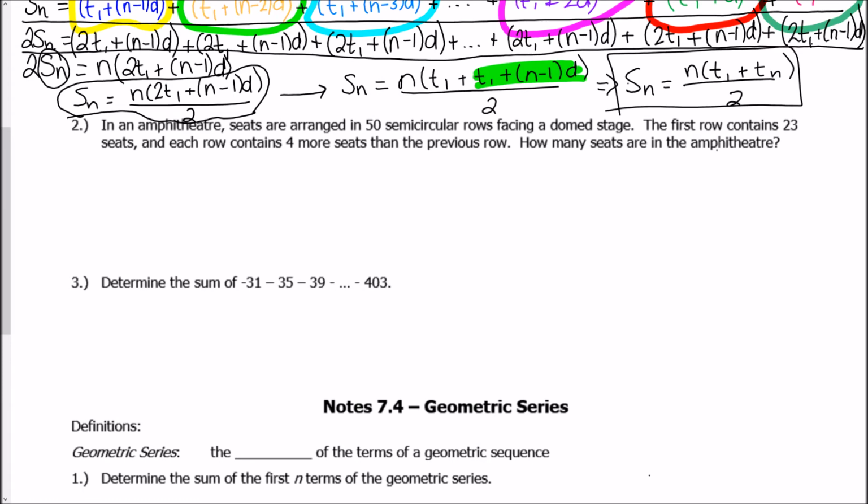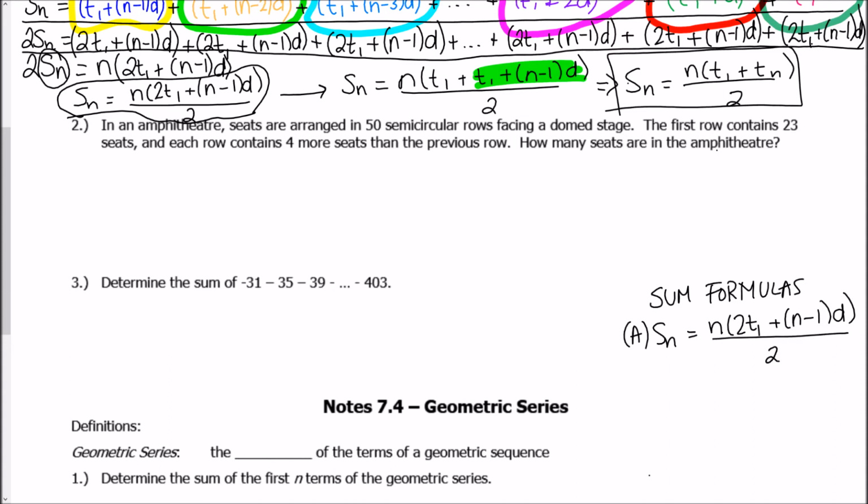So let's summarize what we have here. Our sum formulas for arithmetic series: one of our options is this one up here, s sub n is equal to n times 2t sub 1 plus n minus 1 times d all over 2.